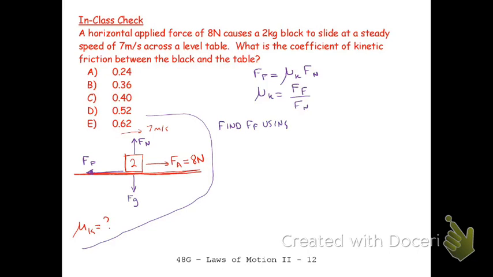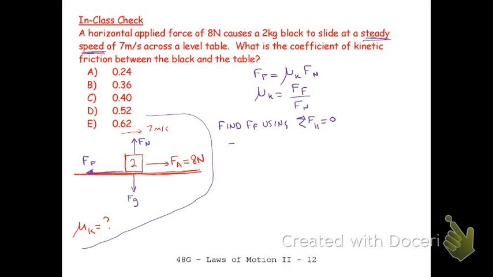FF is a horizontal thing. I'm going to say the sum of the forces horizontally equals 0. Why is it 0? Steady speed. Yeah, that's why it's 0. No acceleration. Even though it's moving, there's no acceleration.